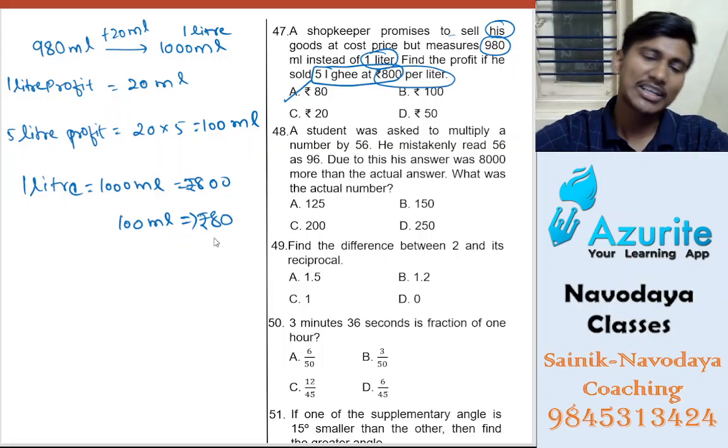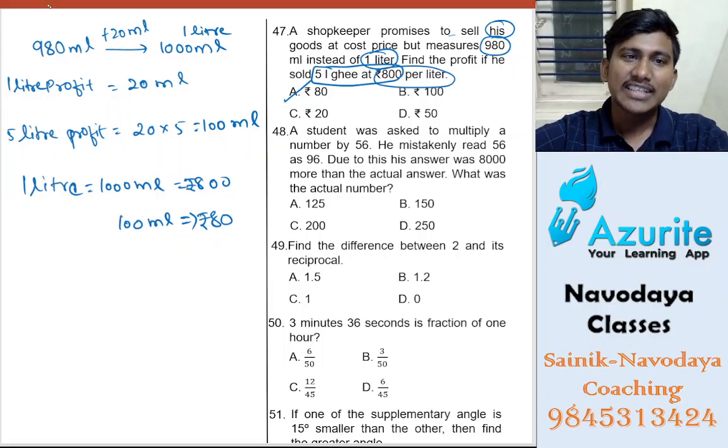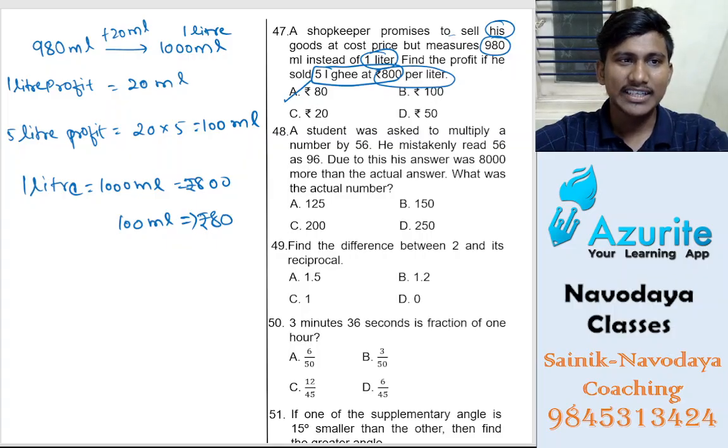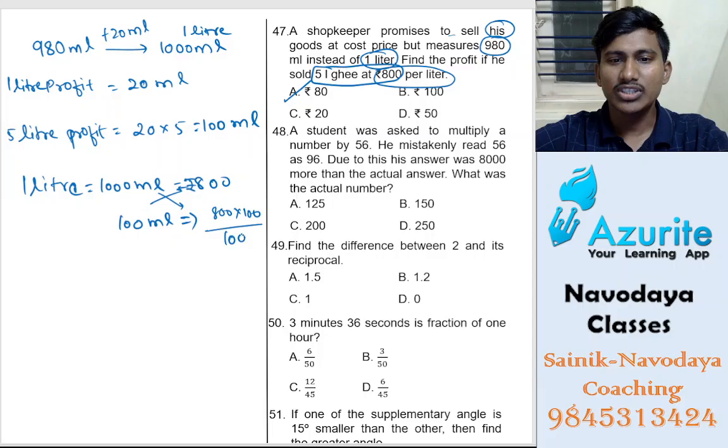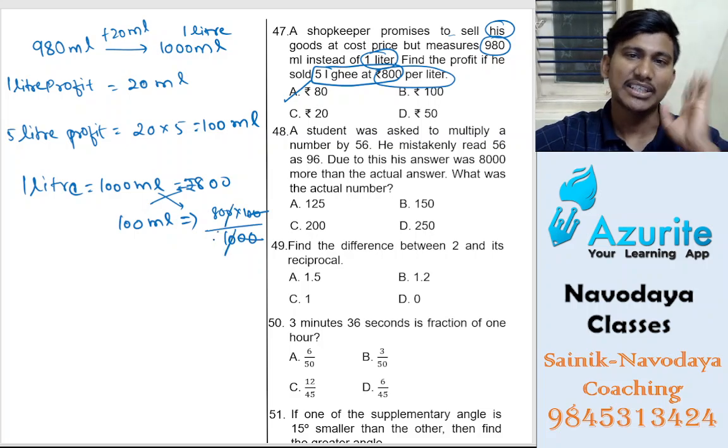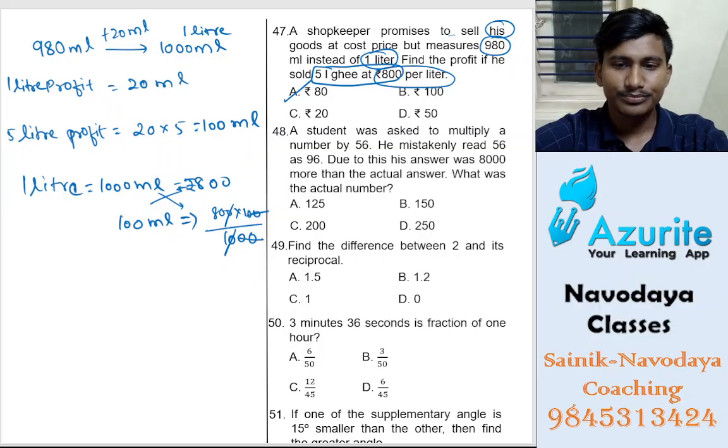Or you can cross multiply, you will get the same answer, right? So 800 into 100 divided by 1000: here 2 zeros, here 2 zeros cancel, here 1 zero, here 1 zero cancel, 80 is remaining. Okay, anyway you can do it.